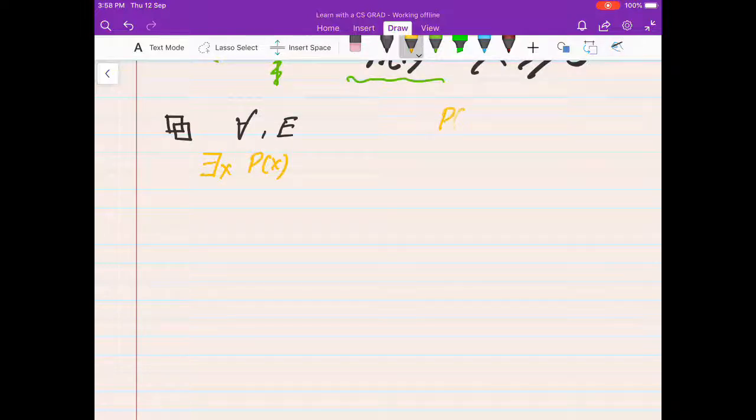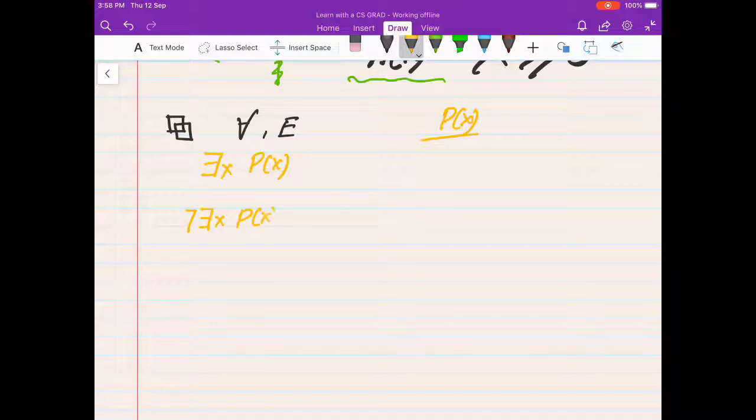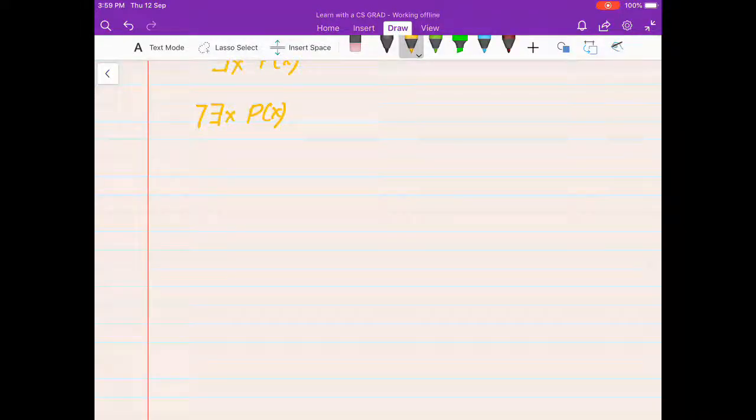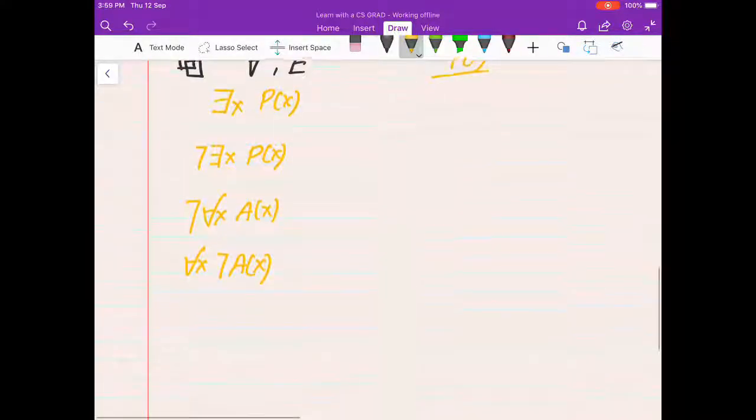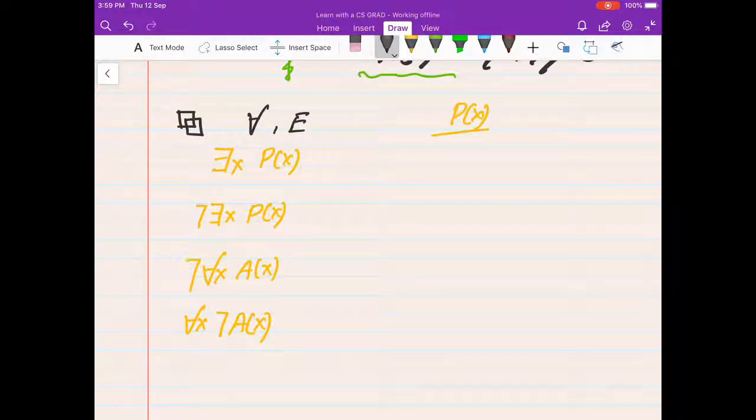Let p of x be another function, right? This is one example, this is another one. Let's get into all of these and explain what these actually mean.